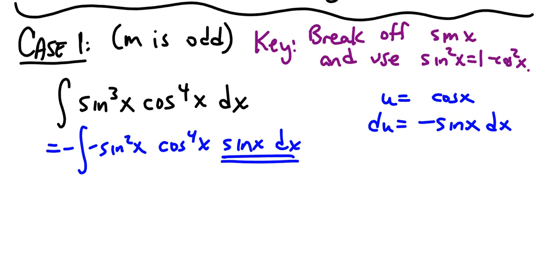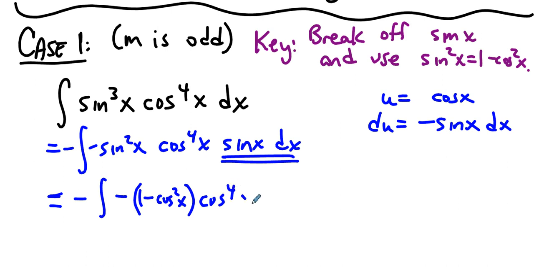The problem is u is cosine x. That's u to the 4th. What's that? Well, sine squared x is 1 minus cosine squared of x. Otherwise, everything else remains the same.